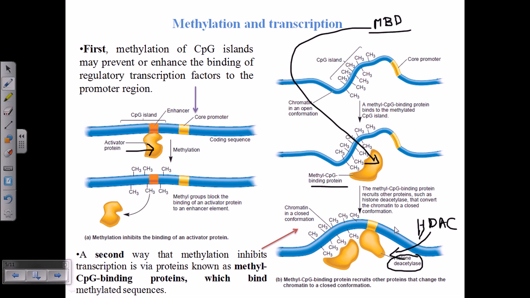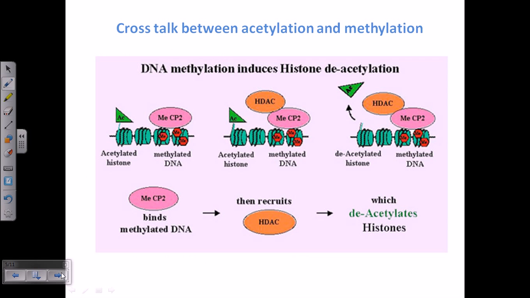If they bring in HDAC, it will deacetylate all these residues. As a result, the DNA will start coiling onto the histone and won't be expressed anymore. So these are the two mechanisms conducted by the methyltransferase enzymes with the help of proteins like MBD and HDAC.